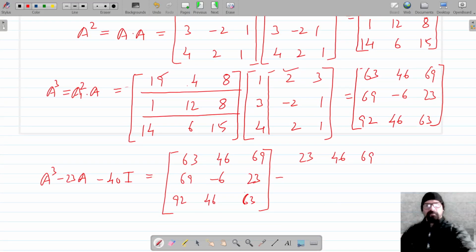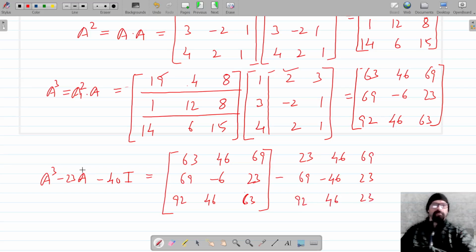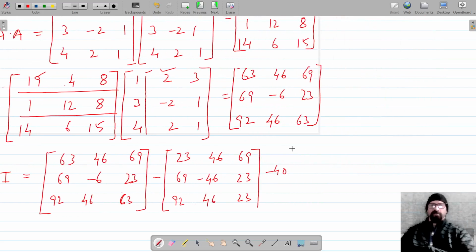So 23, 46, 69, and then 69, negative 46, and 23. Then it's 92, 46, and 23. So that is A multiplied with 23. Now after that it's negative 40 into the identity matrix. The identity matrix should be of order 3. So this is 1, 0, 0, 0, 1, 0, and 0, 0, 1.